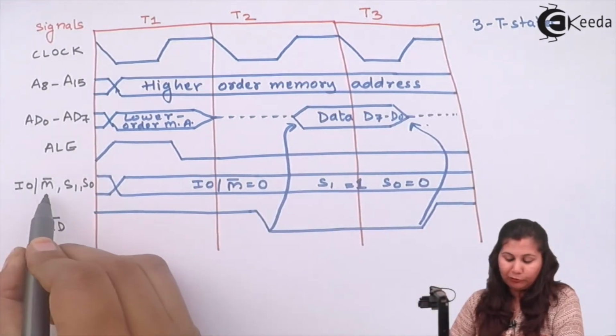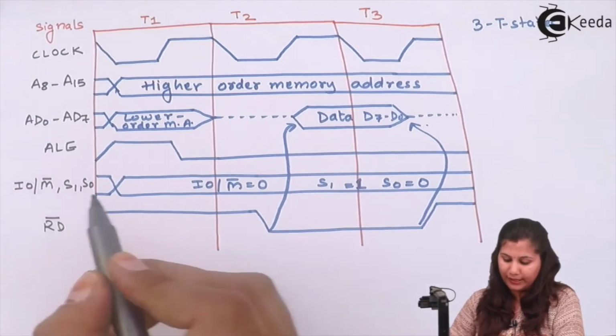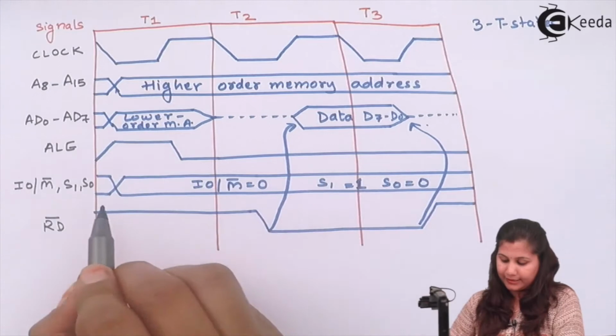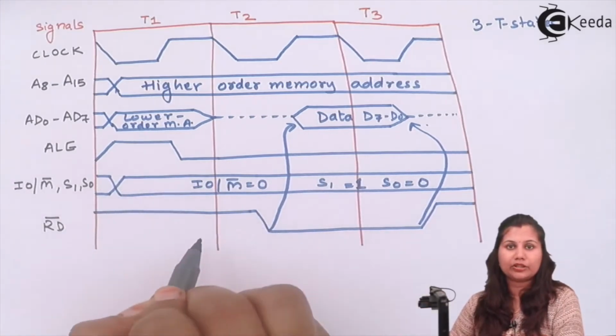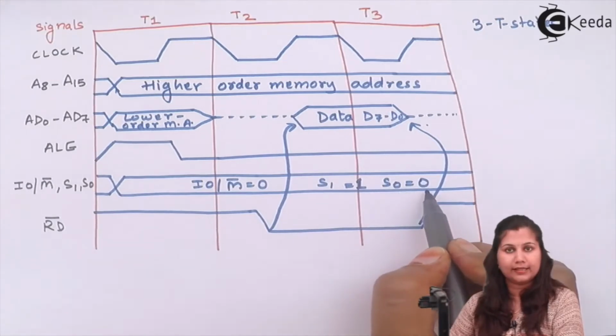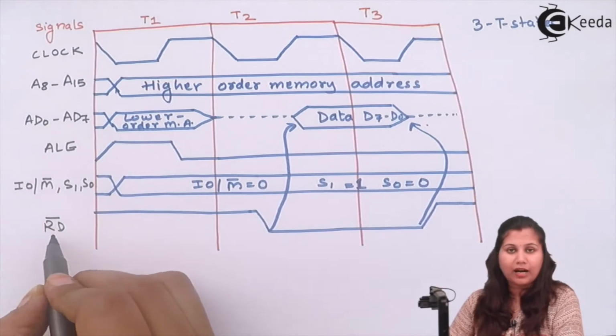Now for the IO/M bar signal, because it is a memory operation, its value is equal to 0, and this cycle is the memory read machine cycle, so S1 is 1 and S0 is 0. So this is the value of the status signals. Then we have RD bar.